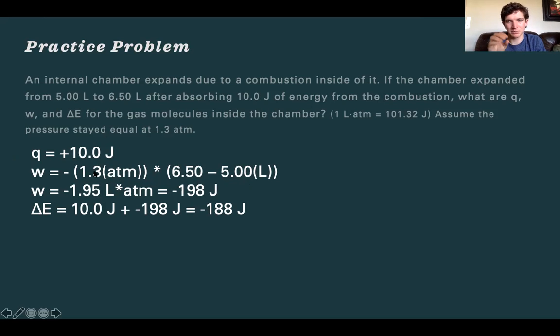And again, because it's expanding, it's doing work on the surroundings, which means it's negative. So negative 198 joules, because we multiplied this by 101. And so our delta E is just W plus Q. So that's 10 joules plus negative 198 joules, and that's negative 188 joules for our energy change.